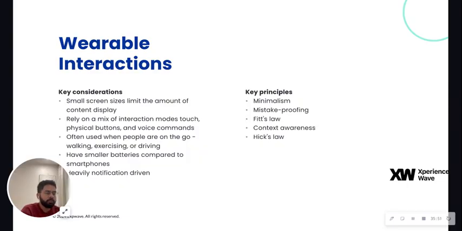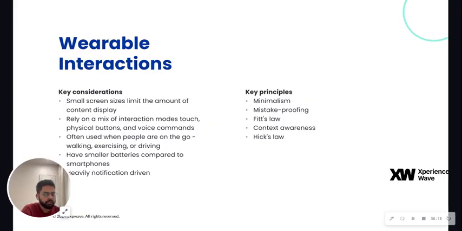So the key principles that you'll have to look out for begin with minimalism, that is, the screen is very limited, so you'll have to make use of minimalist design principles here. You also have to take into account mistake proofing, where you make sure that you do not allow missteps or accidental inputs to lock off the action from the user.